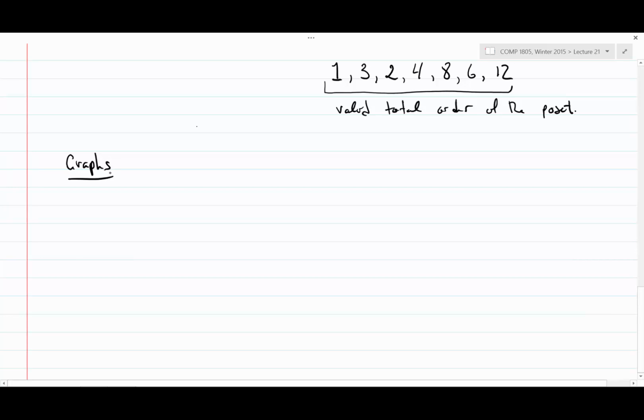All right. So graphs are really useful tools because they can be used to model problems from virtually any field. It's a very general technique. So we'll define what a graph is. A graph is a pair of sets V, comma, E. V is called the vertex set.